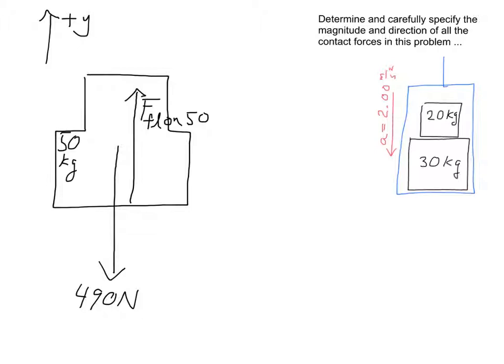Let's apply Newton's second law and see what comes. The sum of the forces acting in the y direction on this 50 kilogram composite object is equal to the mass of that object times its acceleration in the y direction. Okay, so let's plug in.